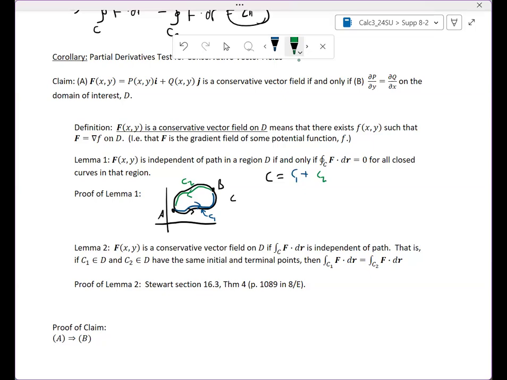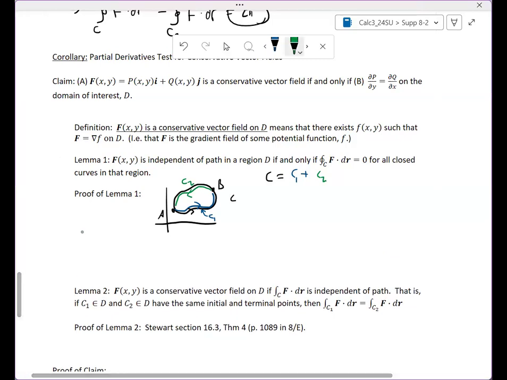Okay, let me give myself a little more room here. I can prove this direction, that if F is independent of path, then the integral will be 0.